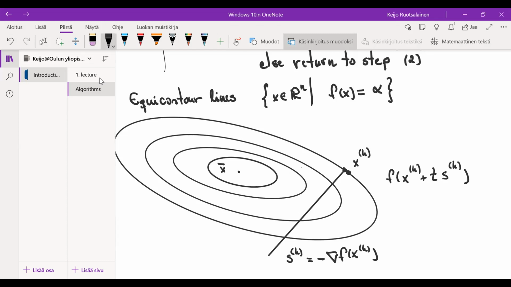So we take just 1D minimization. We go along the search direction and we minimize with respect to t, which is some positive number.